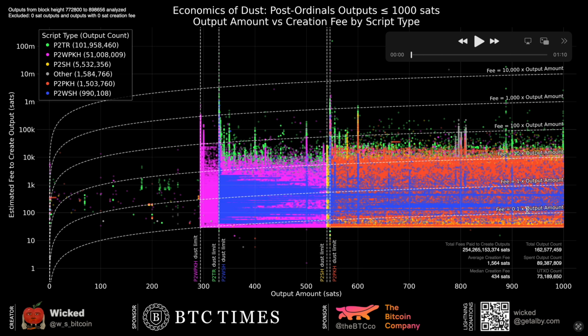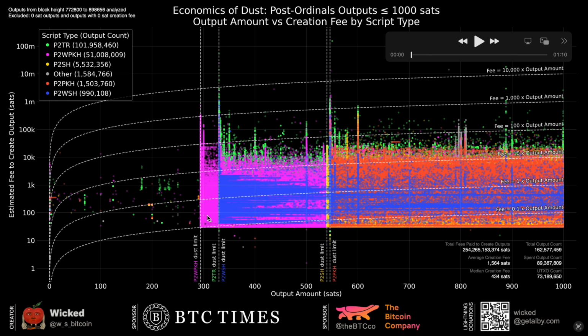Looking at the chart with all of the outputs displayed, we notice that most of these outputs lie in a pretty tight band. Most of them are paying either a tenth of a fee up to the same amount of fee, or maybe even up to 10x fee as the output amount.